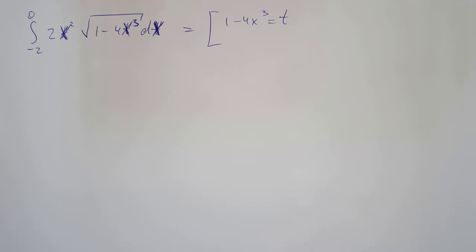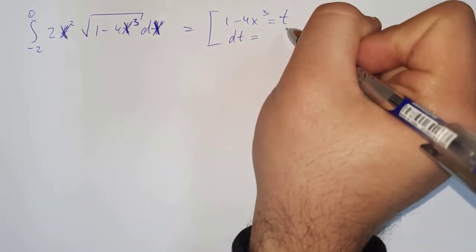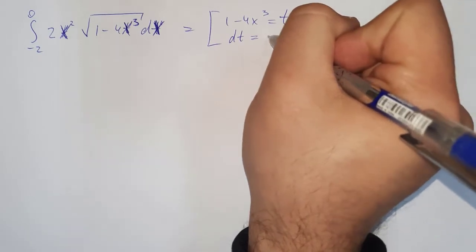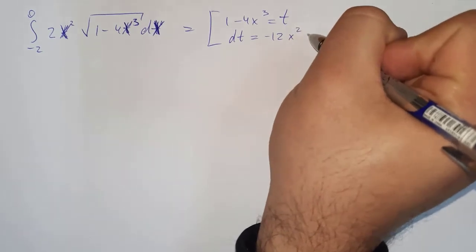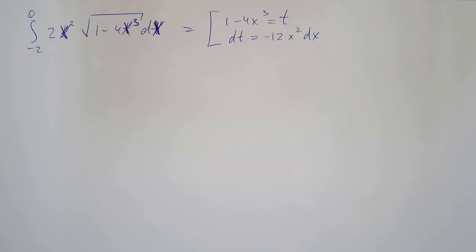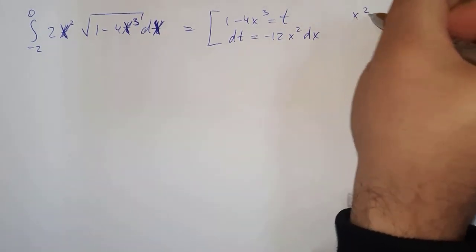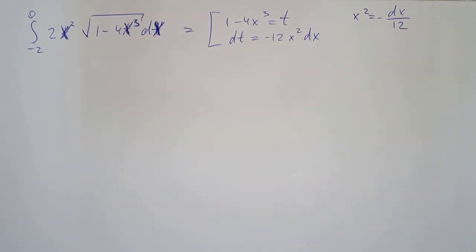So we denoted 1 minus 4x cubed with t, and now let's find dt. So dt is minus 12x squared dx. So it means x squared dx is dt over minus 12.